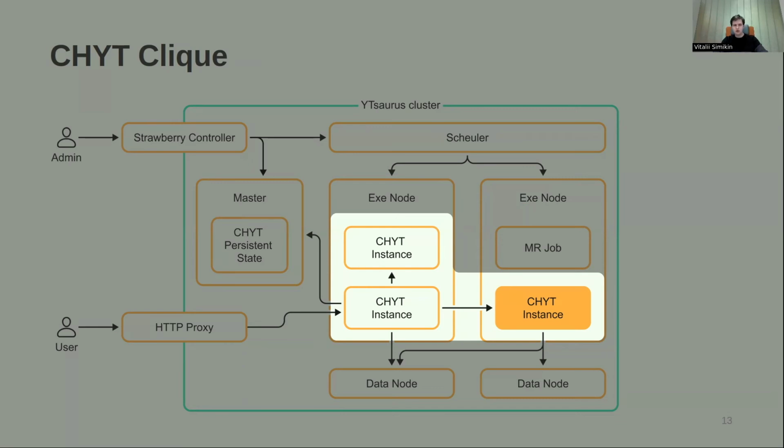This means a clique can run queries even if it has only one CHYT instance started. Moreover, if a CHYT instance goes unexpectedly down, this may cause an error when running queries on that particular instance. Overall, this won't affect the system and other nodes with other instances that are processing other queries.